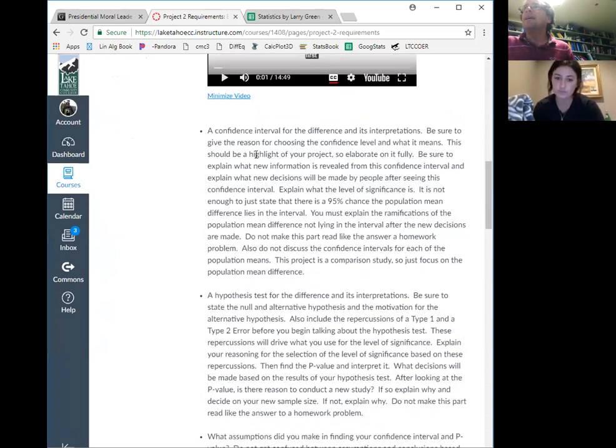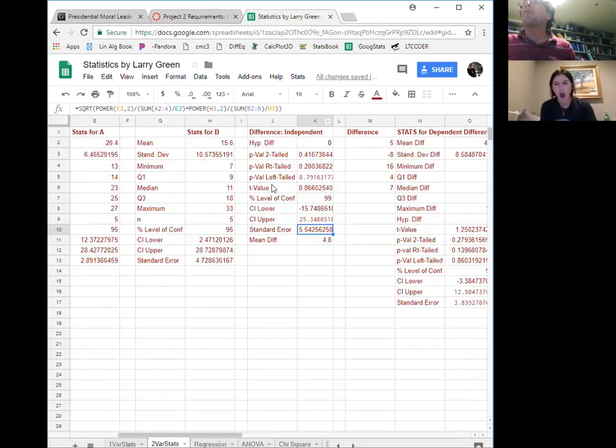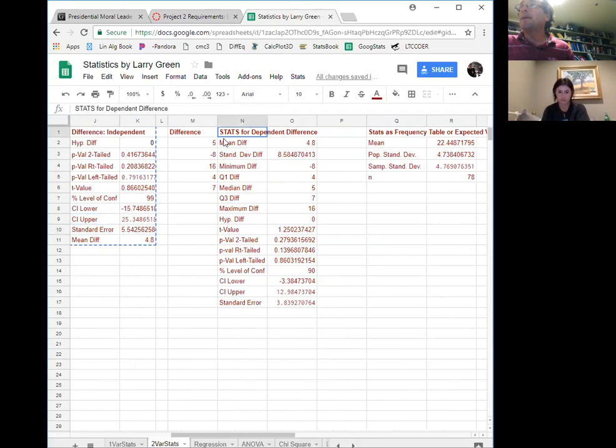Okay, you need to give me a confidence interval for the difference, and again, that's all in that spreadsheet. By the way, whichever one you're using, if it's independent, I want you to copy it, you can Control-C it, and paste it in your project. If you're using dependent, then I want you to copy that and paste it in the project.